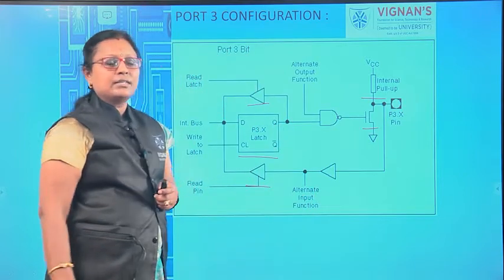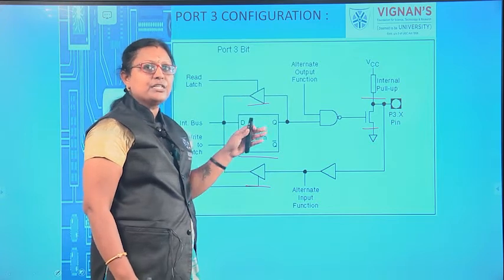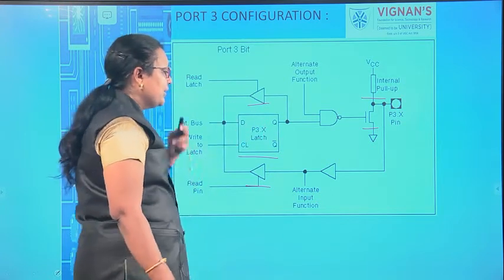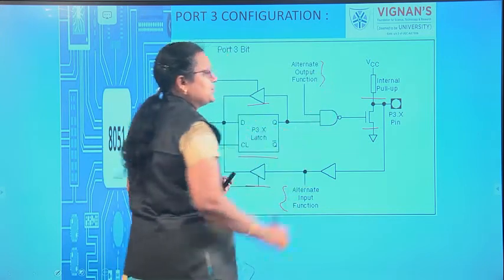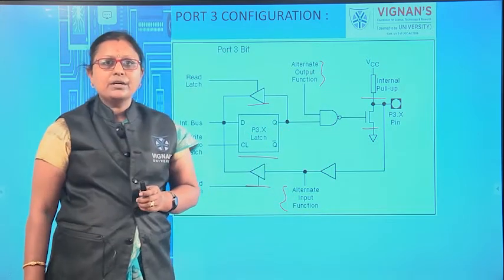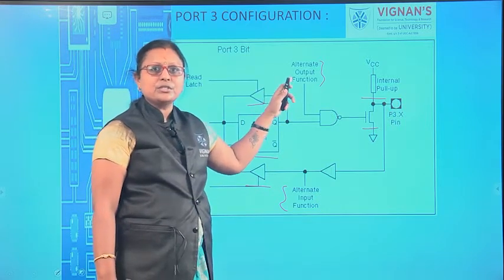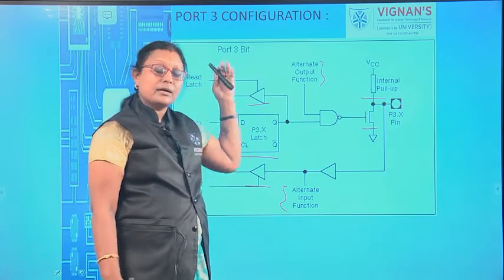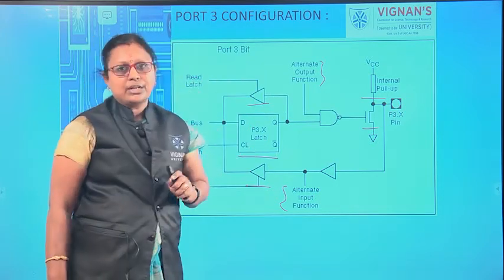But what is the one difference over here? You can alternate the input function as well as the output function which is accommodated in this circuit, okay. That is the function of your port 3 configuration.